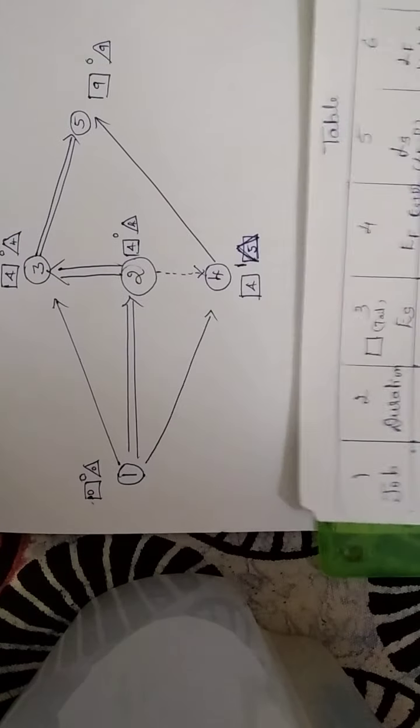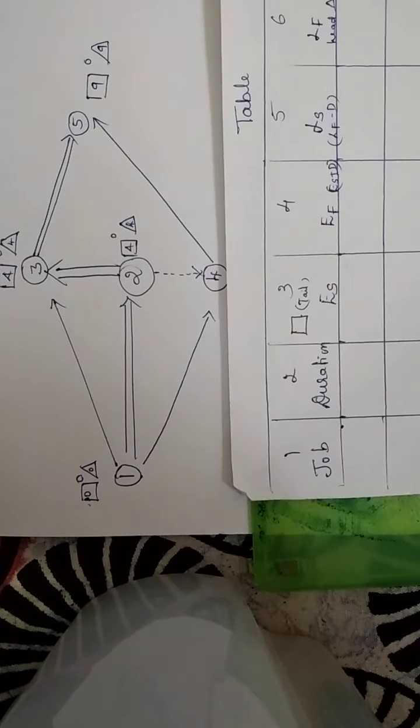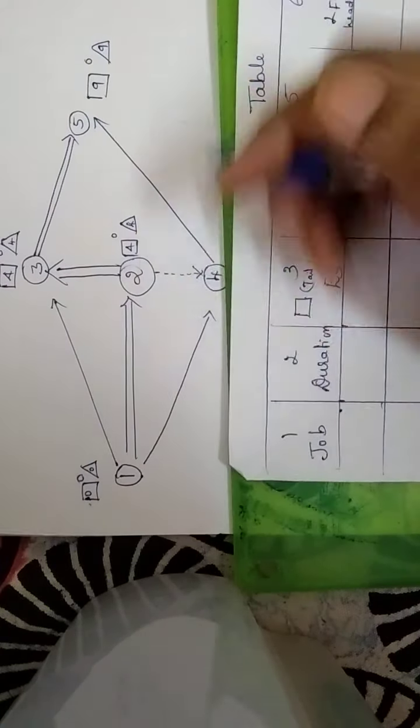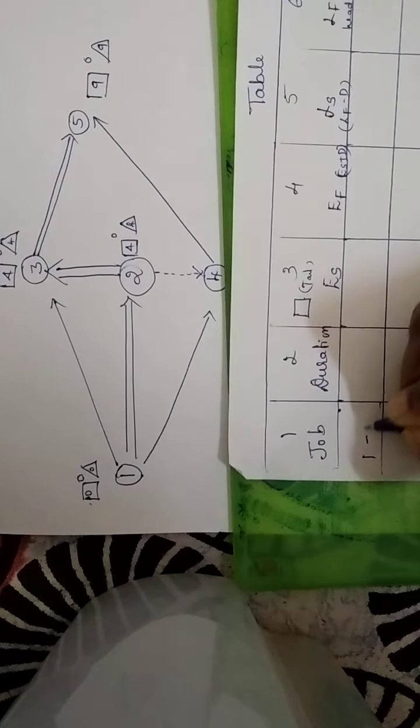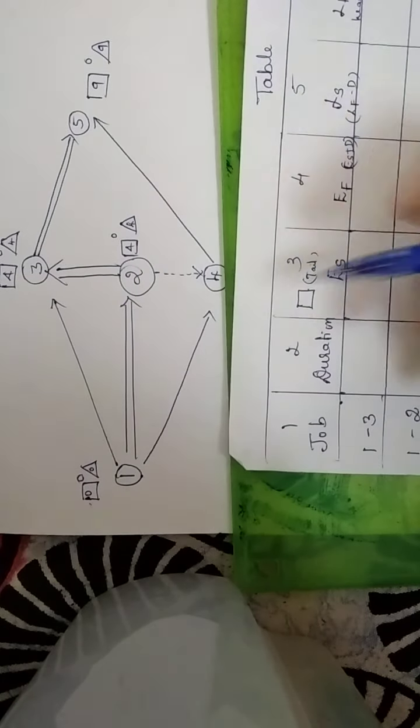Now let us look into the jobs that we have. Looking into the network diagram, we have to write the jobs one below the other. First is 1 to 3. Next is 1 to 2, then 1 to 4. Next is 2 to 3, then 2 to 4, 3 to 5, 4 to 5.